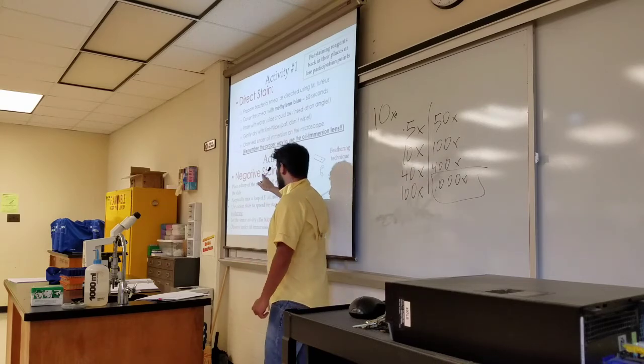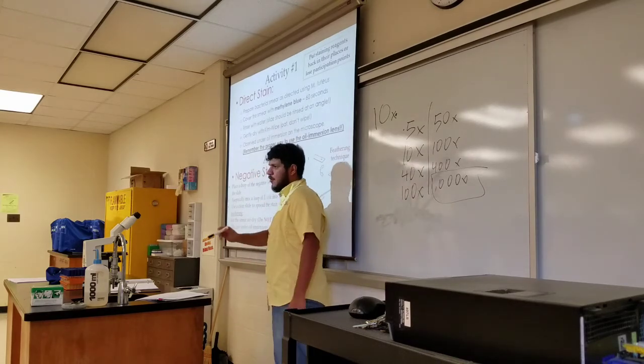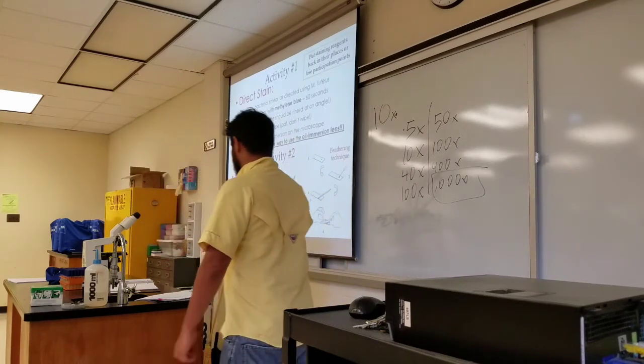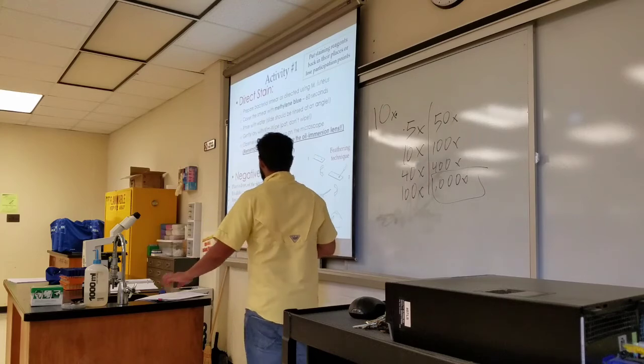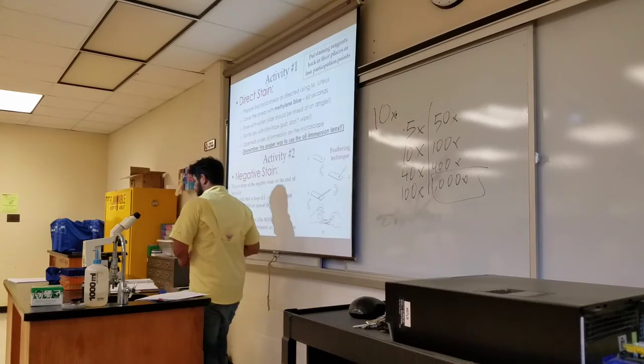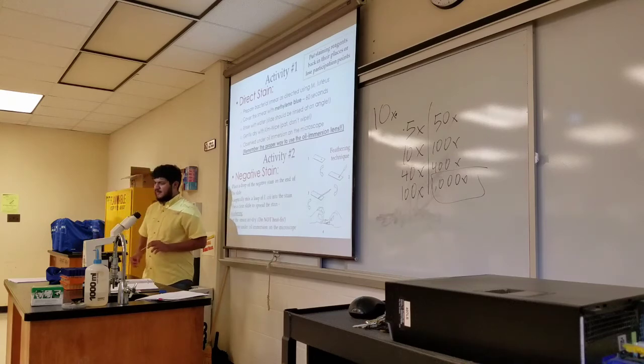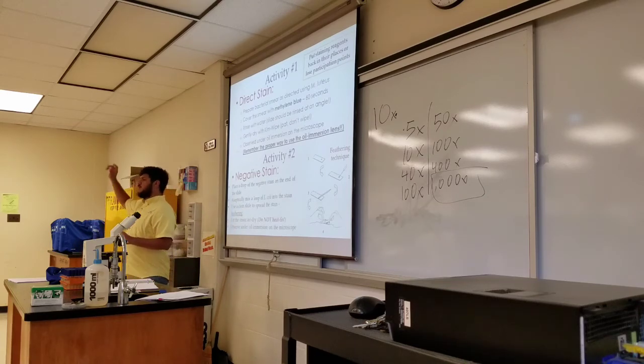In activity 2, we're going to prepare a negative stain where we will use either nigrosine or Congo red, depending on what you have at your station. You will put a drop of stain at the edge of one slide. You are going to aseptically transfer bacteria, in this case E. coli, and then do a technique called feathering.